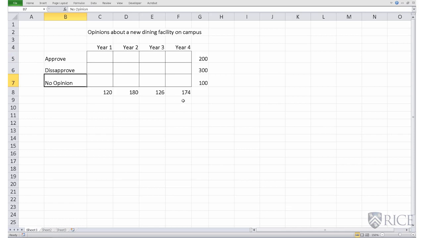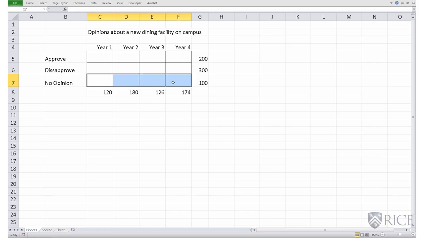So in this table, we are provided with partial results of the survey. Why partial? Because in this data, we know the total number of students who approved of the dining facility, who disapproved of it, and who had no opinions. However, we do not know how this total number is distributed across the 4 years.